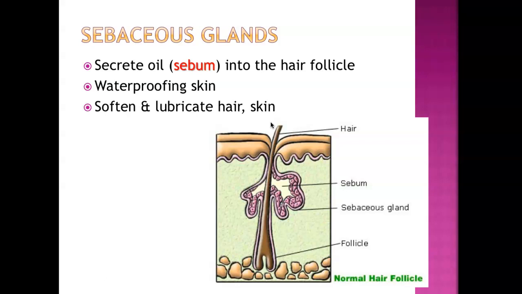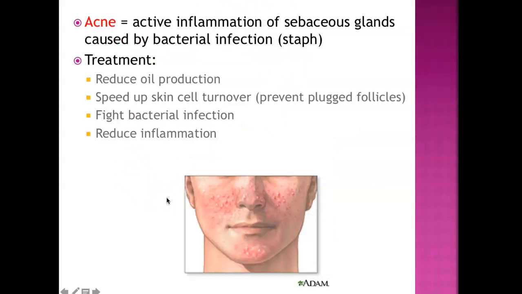It's going to soften and lubricate hair and skin, and all of this sounds so wonderful and great unless you are in that phase of your life where your sebaceous glands are actually going to become inflamed because bacteria love to hang out in that area where all that oil is, which is unfortunate. So that's what causes acne. Acne really is an inflammation and a bacterial infection of your sebaceous glands.